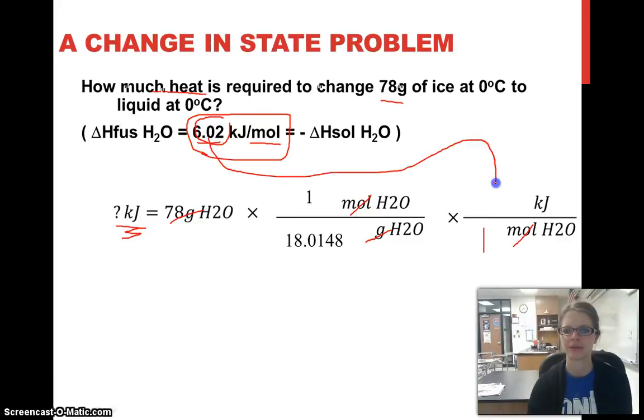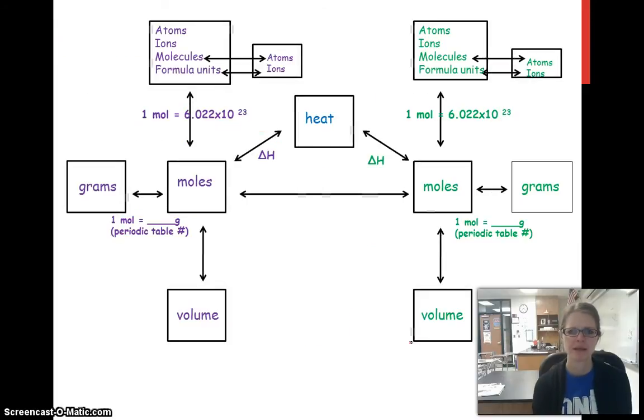That 6.02 is going to go right there. Now I wanted to get to kilojoules, and I'm in kilojoules, so I just push buttons in my calculator to get the number. I got 26.1. Considering though I only have 2 sig figs here, I should really say 26 kilojoules. So that's how we can use the mole map, knowing that the molar heat of fusion in this chapter is right here.